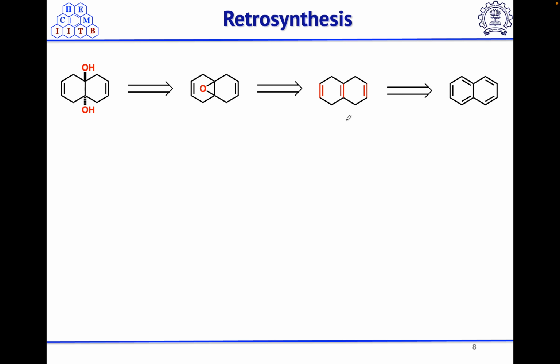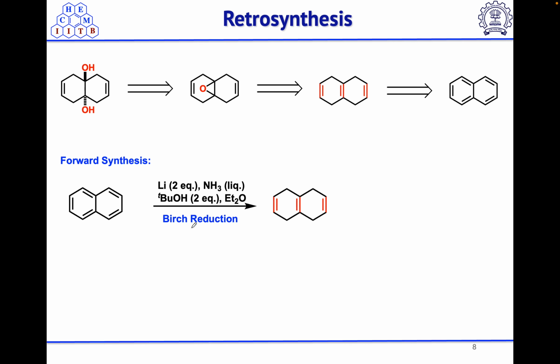Okay, so now forward synthesis. How can we carry out this retrosynthetic plan in the forward direction? Basically, if we have this aromatic naphthalene, then the first step is Birch reduction. This is the Birch reduction condition, using lithium.